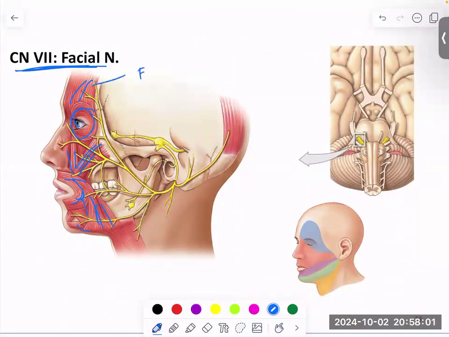This one is responsible for facial motor, aka expressions, smiling, frowning, etc. It also does something else that is weird to think about, but it is responsible for taste.